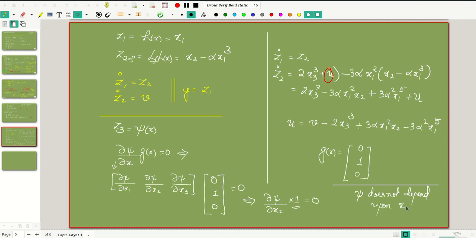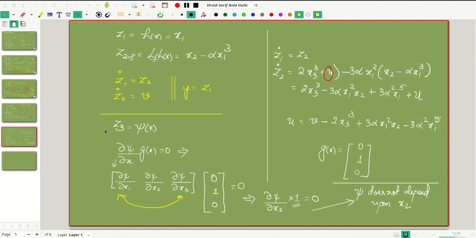Upon x2. That is the only case we can say here, that it does not depend on x2. So psi is some function which depends upon x1 and x3. We can say psi is a function that depends on x1 and x3. So let us now assume psi as, because with this equation we cannot find out what psi is, because dou psi by dou x1 into 0 and dou psi by dou x3 into 0 is what comes. So we have to choose psi arbitrarily. Only thing that we know is psi is something which does not depend upon x2.